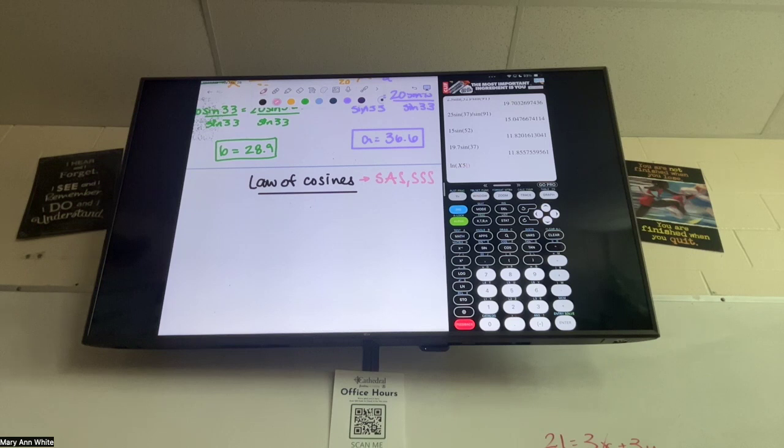If you have side, angle, side, then you cannot do law of sines either. If we have SAS or SSS, we have to do this law of cosines. And these formulas are on that sheet that I gave you to prepare for your last test too, so you can keep referencing those.